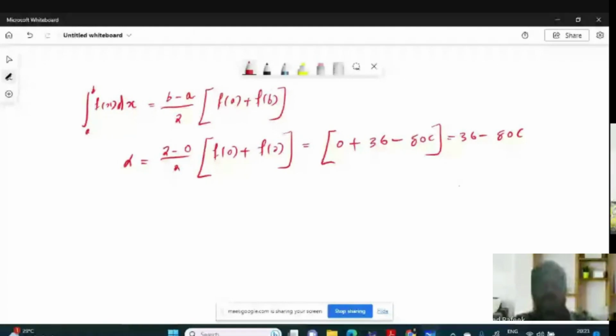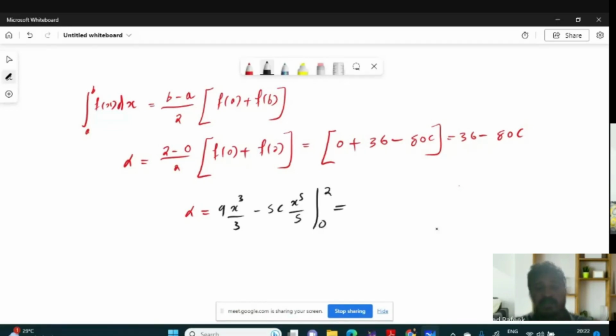Then, one more thing: you can calculate alpha directly also. Alpha is equal to the integral from 0 to 2 of 9x square minus 5c x raised to 4. Just go with integration: 9x cube by 3 minus 5c x raised to 5 by 5, from 0 to 2.